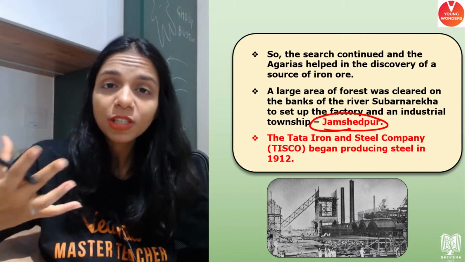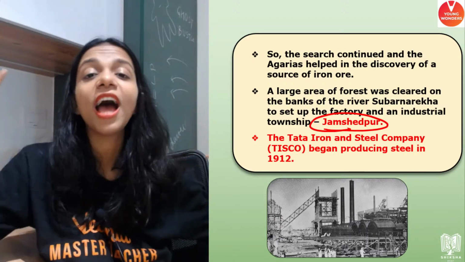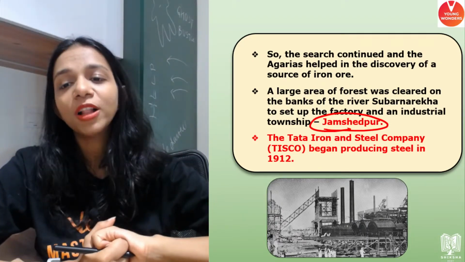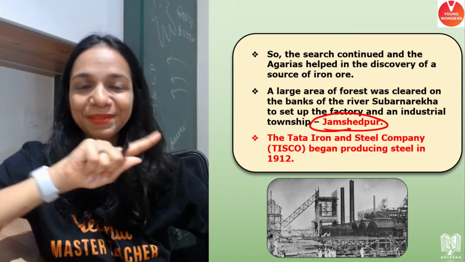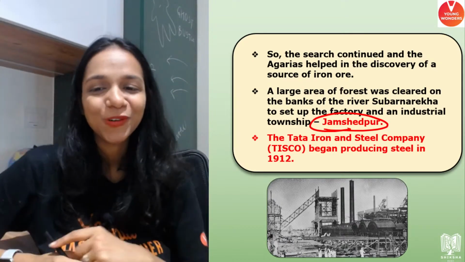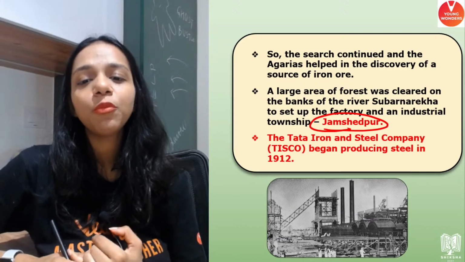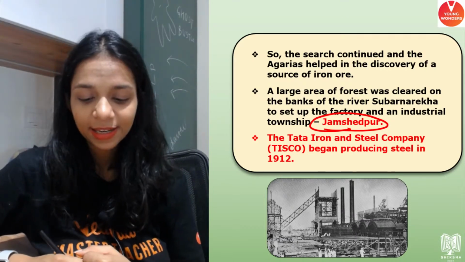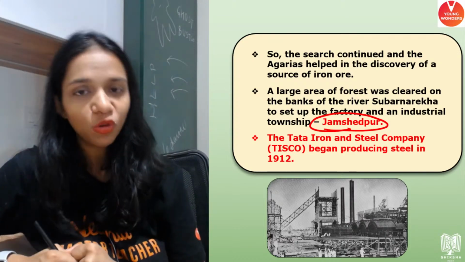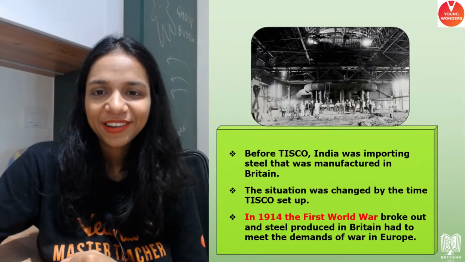A school was set up, a hospital was set up, so an entire township was set up called the Jamshedpur Township, after Jamshedji Tata. So I hope now you know what the story is. We called it TISCO, Tata Iron and Steel Company, which began producing steel in 1912. So even today it exists there, right?